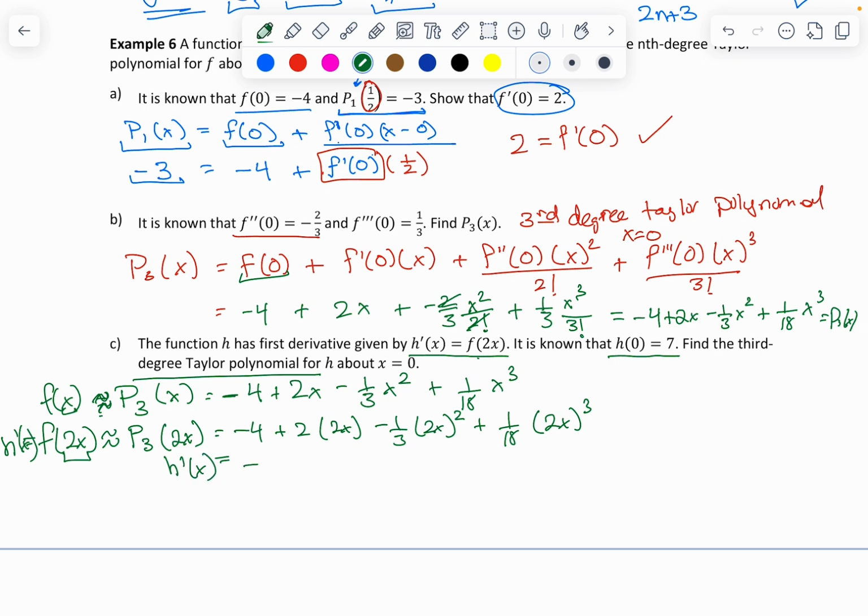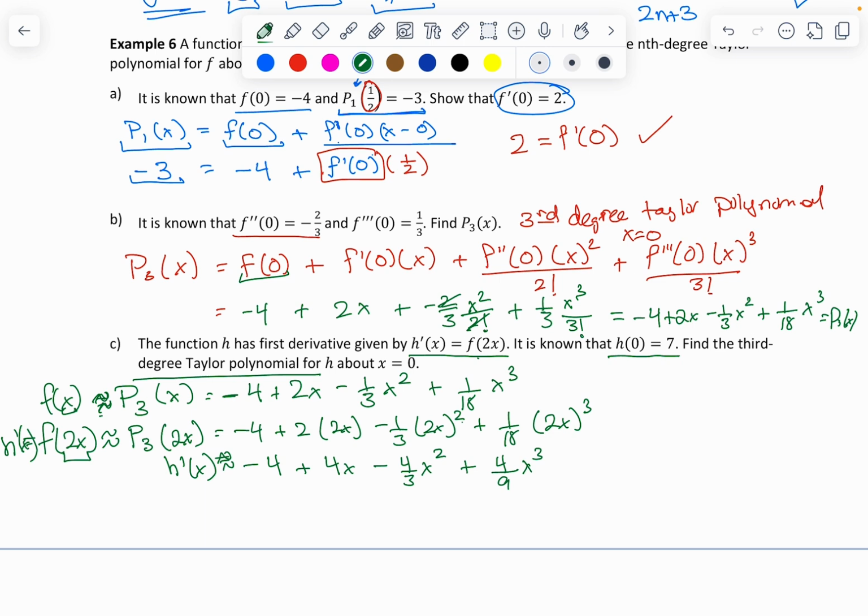Which is equal to -4, or approximated using that Taylor polynomial. -4 plus 4x minus, this is going to be 4x squared, so minus 4/3 x squared. This is going to be 2x cubed, so 8 divided by 18. We've got 4/9 x cubed. Now that is h prime of x.